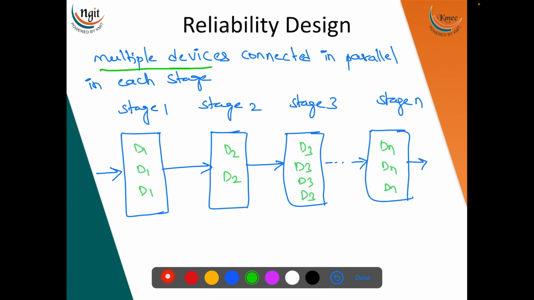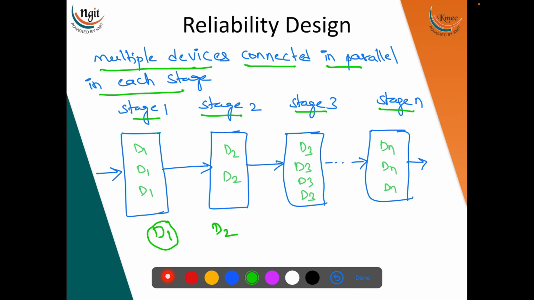Multiple devices are connected in parallel in each stage. That means stage 1, stage 2, stage 3, up to stage n. In the earlier case, we were dependent upon only one device. If this device fails, for sure there is a possibility that it cannot run for a long time. If it fails, then the system I want to build will fail.